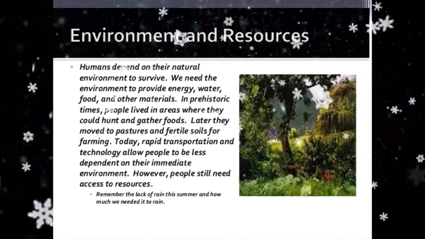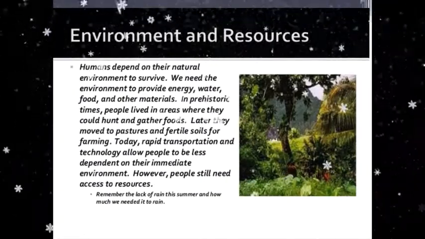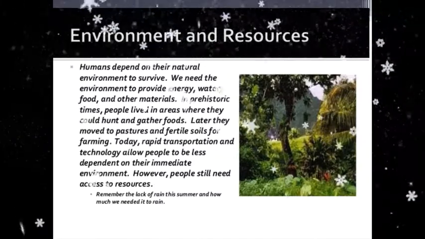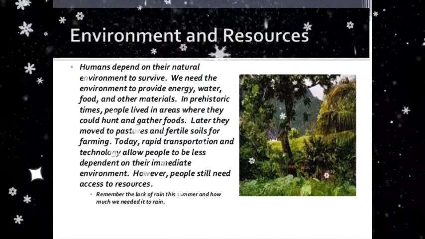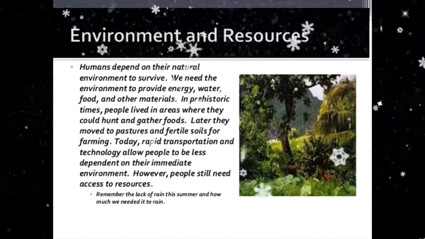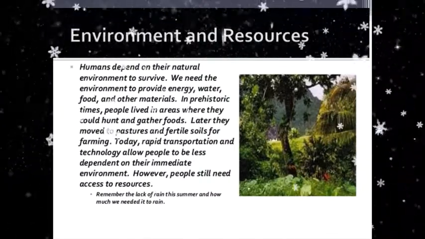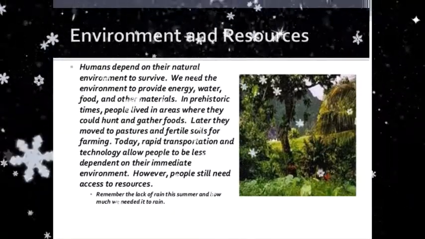You can compare this to prehistoric times, when people lived in areas where they could hunt and gather food. That's one of their ways of surviving, right? Later, they moved to pastures and fertile soils for farming, planting vegetables and fruits, their resources of food in order to survive.